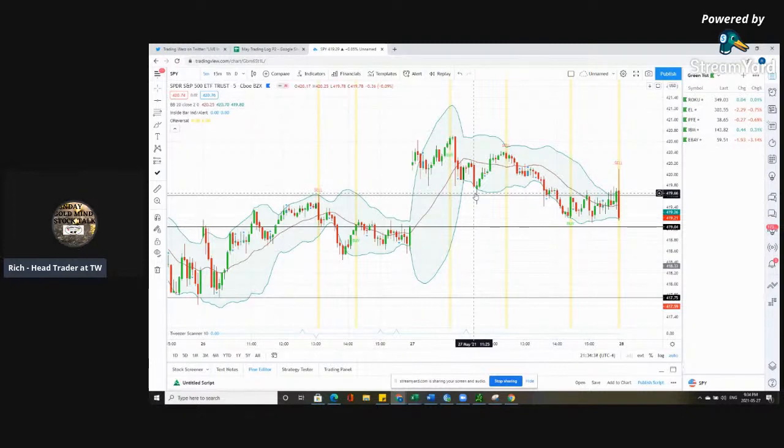Is it outside or not? And why do we want objective? We want objective so we can build a system. Okay? We don't want to trade on emotions. We want to trade on a system-based approach, because systems will take out the biggest weakness of human traders, and that is your emotions.